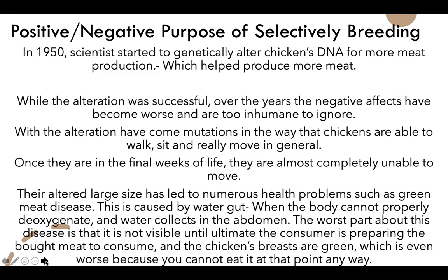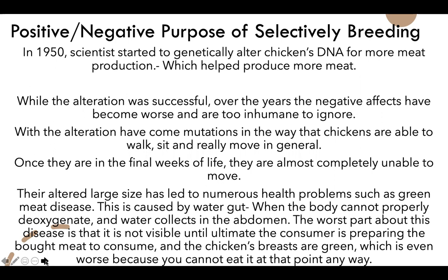With one alteration have come many mutations for these chickens. They're unable to walk. They're unable to sit and really move in general towards the final weeks of their life. They are almost completely unable to move. They sit in their own filth, which includes ammonia from their urine, and it causes all sorts of problems for their health. It gives them sores and really ugly things in the final stages of their life.